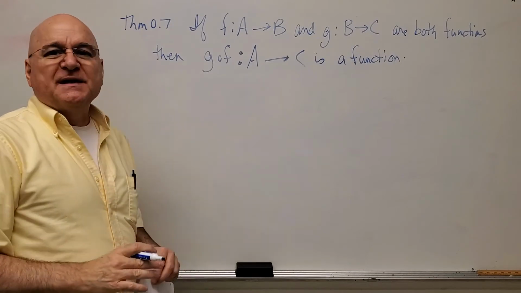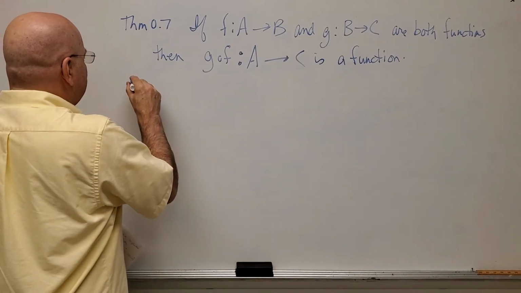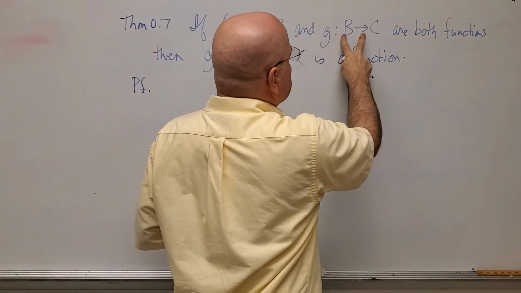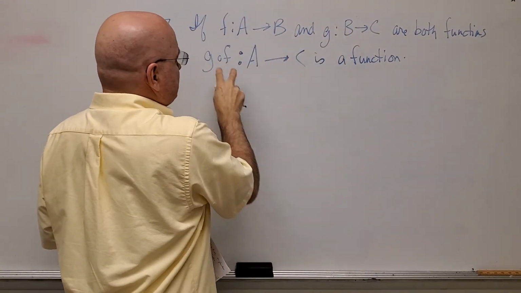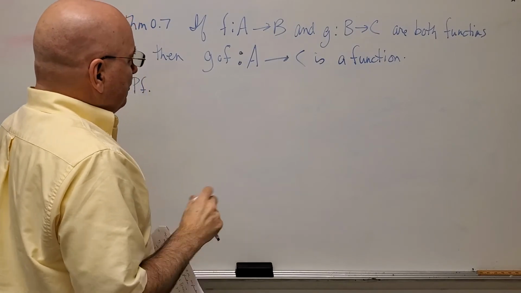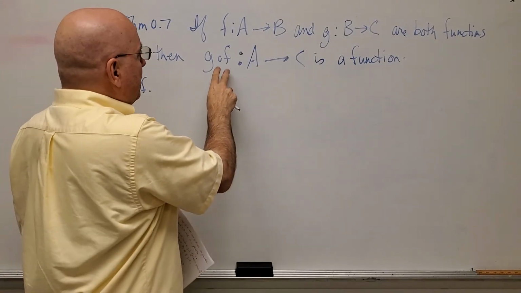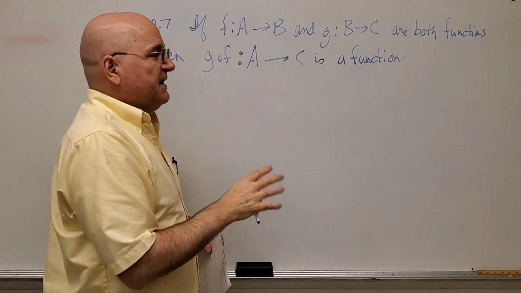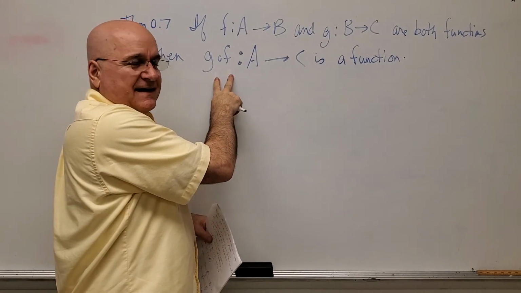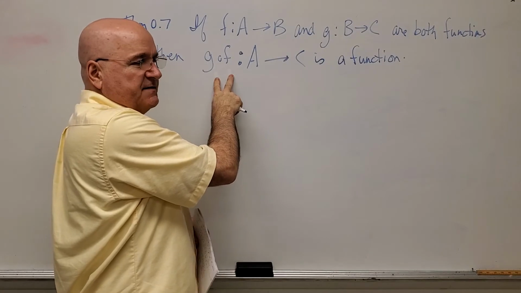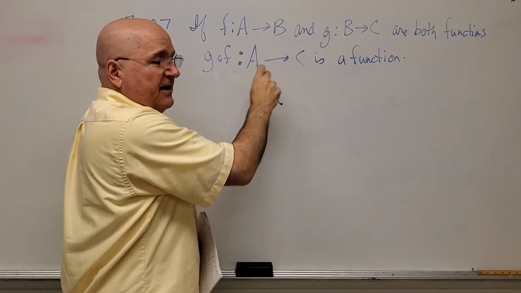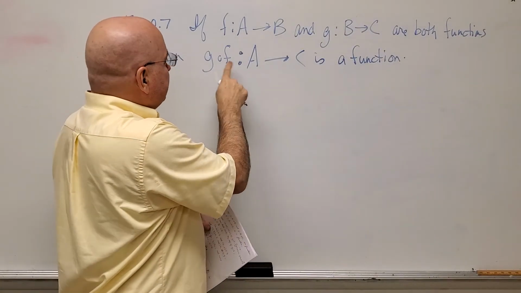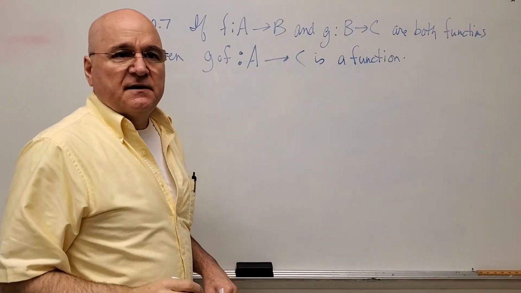Well, we haven't done too many proofs, so let's go ahead and prove this statement. If this is a function and this is a function, then this is also a function. So to prove it's a function, you need to prove that, well, let me rephrase that. If you have two ordered pairs that have the same first element, it better be that the second element is the same as well. You can't have one element on the left getting mapped to two elements in this set.